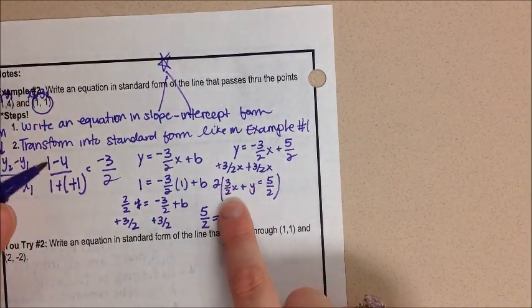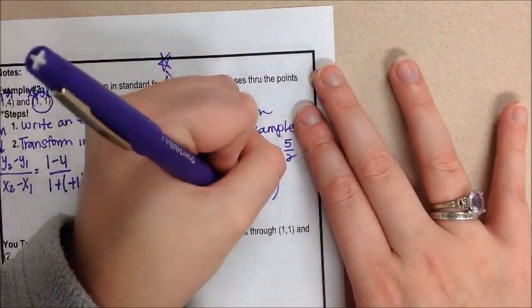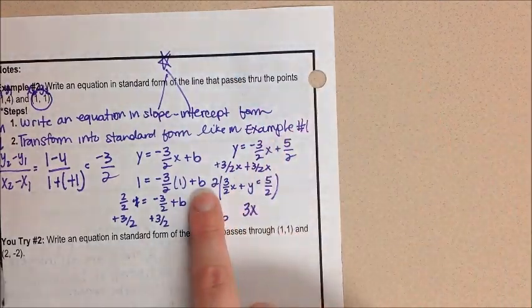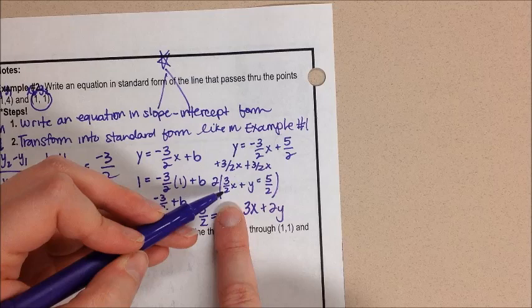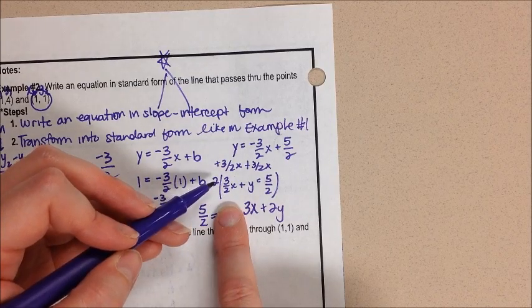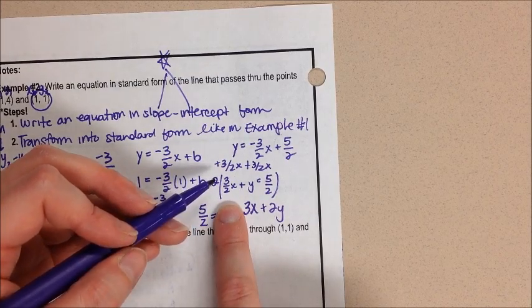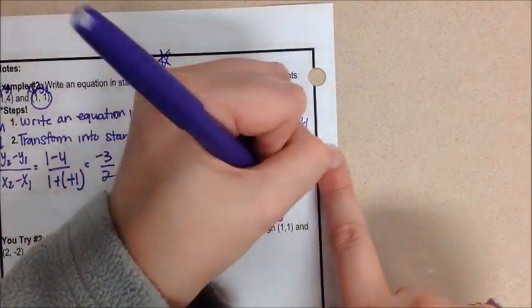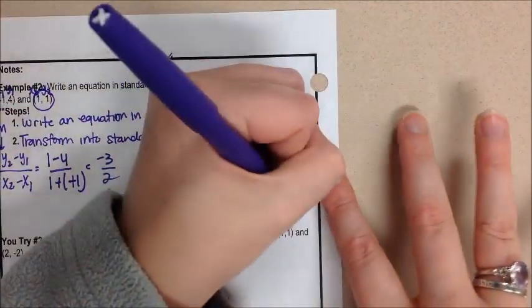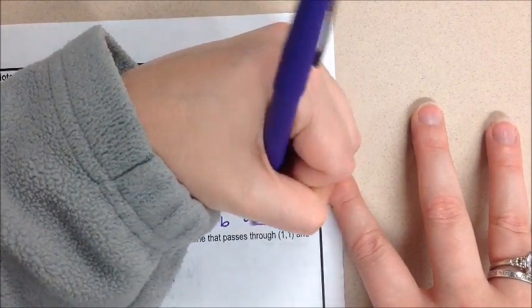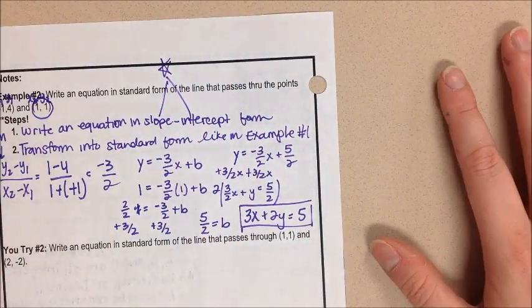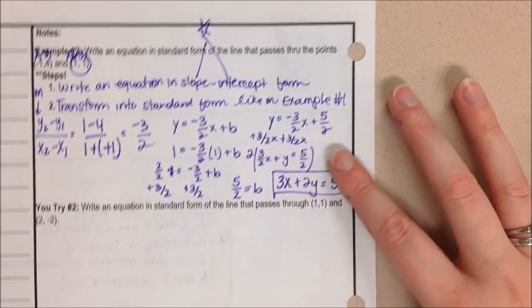So 3 over 2 times 2 is just 3, so 3x. 2 times y is 2y. And if you wanted to type 3 over 2 into your calculator and multiply it by 2, that's fine if you can't do that in your head like I can. Okay, and then 5 over 2 times 2 is just 5. So you have 3x plus 2y equals 5. Okay? So that would be your standard form.